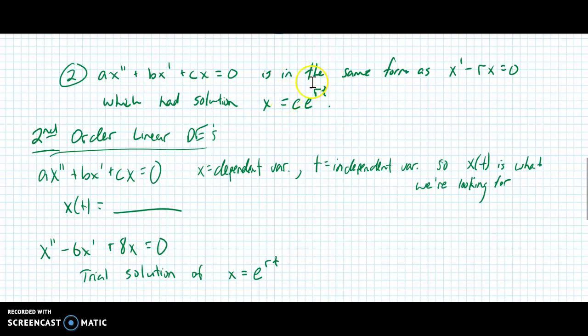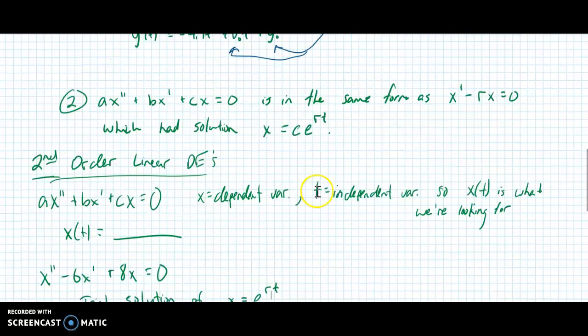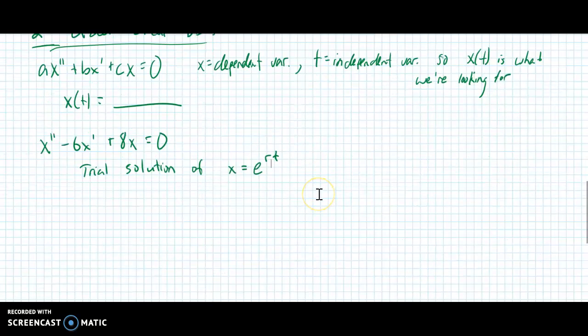We are trying this because we knew that it worked in that previous one. It's just like a process of recognizing a pattern and guessing our way into a solution. So when I try x equals e to the rt, if I can figure out what the r value is, then I know what my solution is.